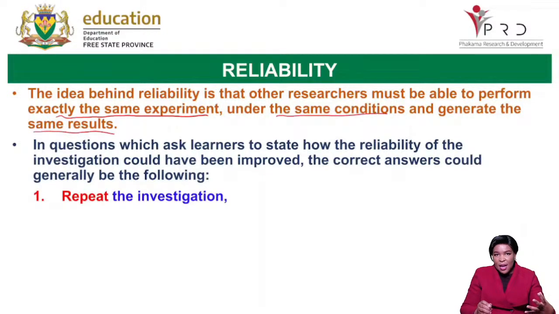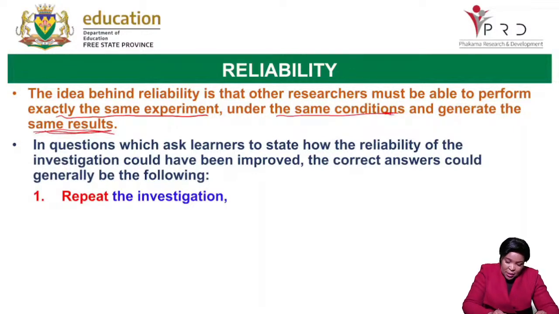So you must ask, how do I know that my experiment or my results are reliable? It is when other scientists can perform the same experiment under the same conditions and generate the same results. If they are able to do your experiment and get the same results, then you know that your experiment is reliable.